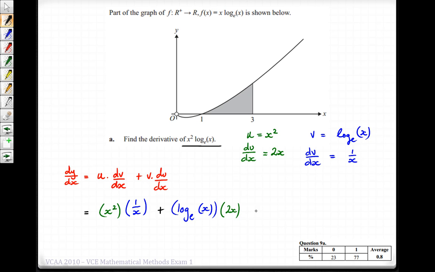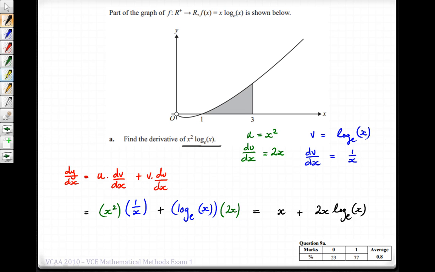So all in all, our derivative of this is x squared times 1 on x just gives us x, plus 2x log e of x.